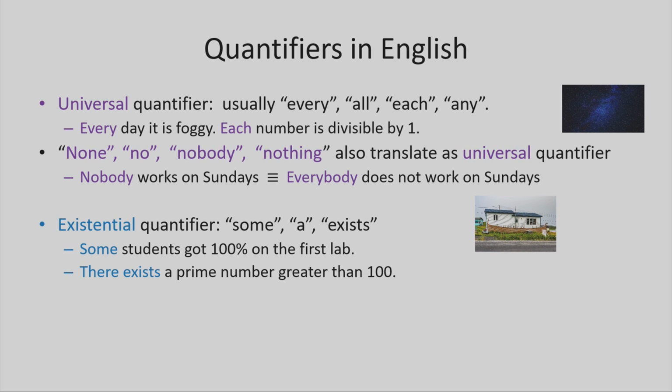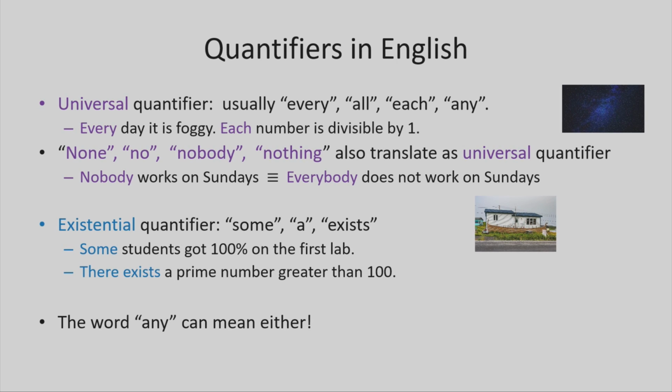English has those little words that some other languages don't have that sometimes may also indicate quantifier, like an A. When you say there is a student, or a student got 100% on the first lab, even though that little a is tiny, and I wouldn't know how to translate it in a lot of other languages, that a in English would still indicate that it is an existential quantifier.